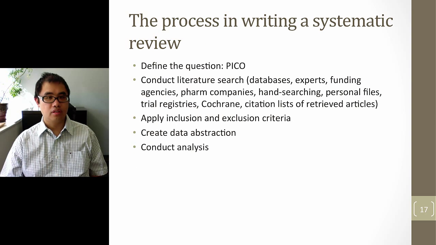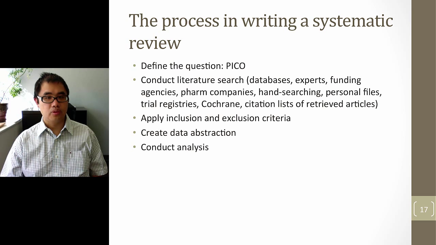The process in writing a systematic review is often lengthy. The first step is to define the question, as in most research studies. So we look at PICO, so the population, intervention, comparator, and outcome. You then would conduct a literature search using appropriate terms, and this will include searching databases like Medline through Ovid, Embase, and any other databases that are relevant.